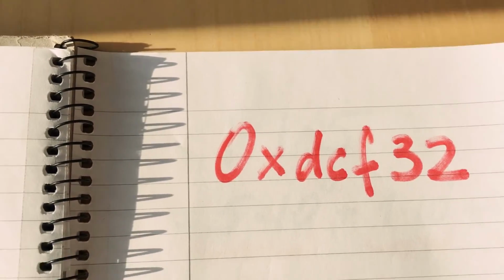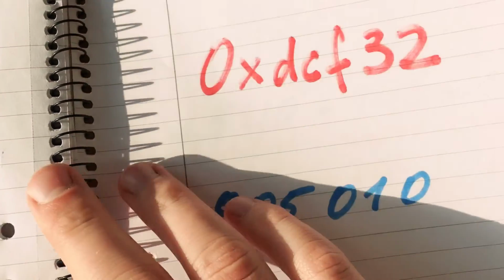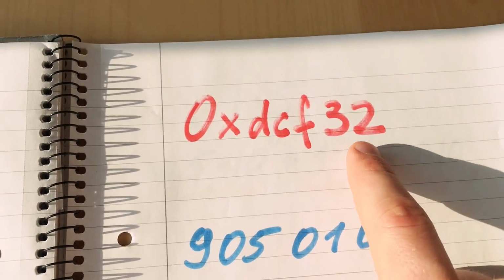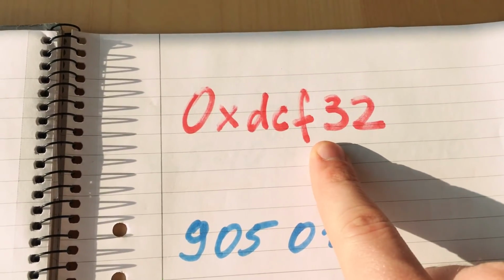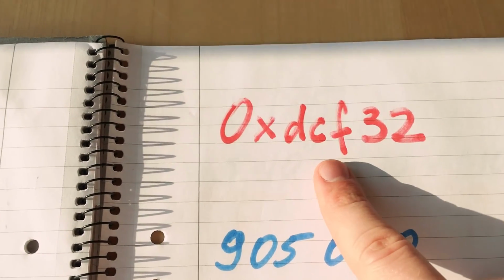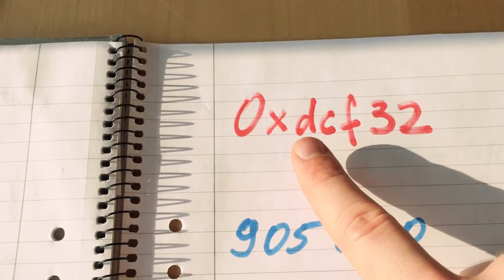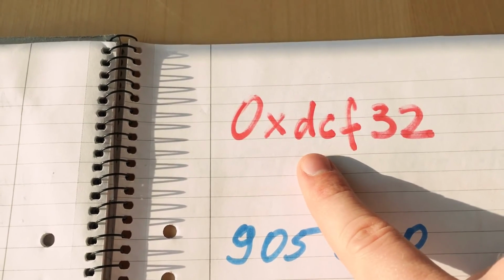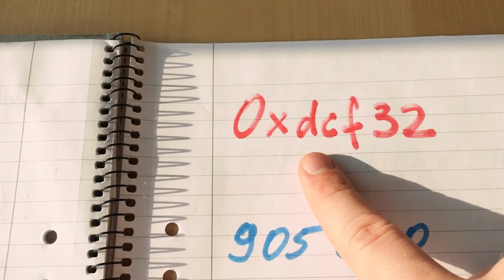So in order to get this number from this, we would take 2 times 16 to the power of 0 plus 3 times 16 to the power of 1 plus 15 times 16 to the power of 2 plus, so A is 10, B is 11, C is 12.